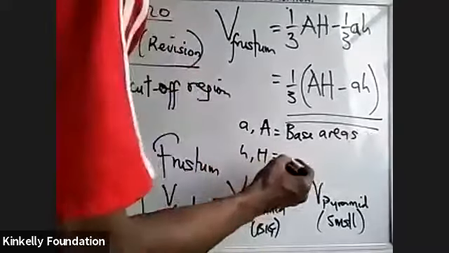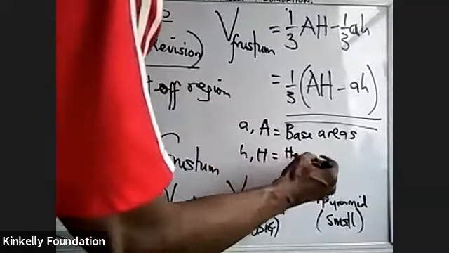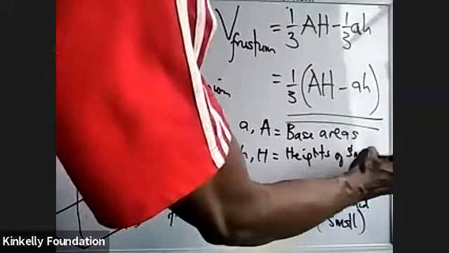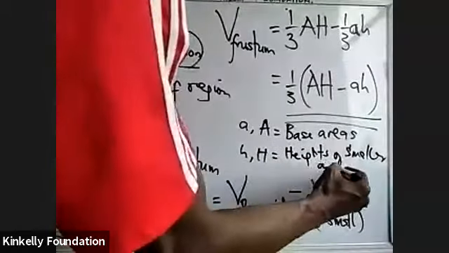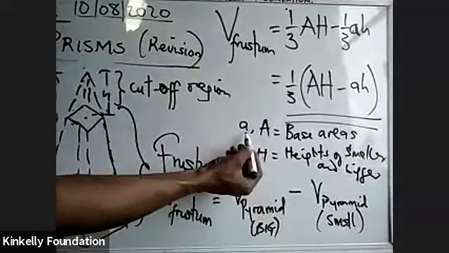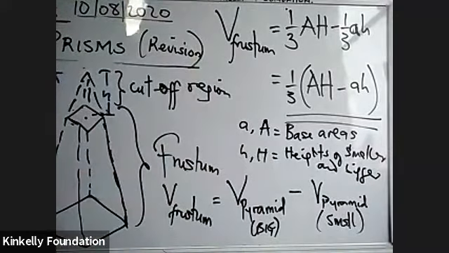H is the height of the bigger one and small h the height of the smaller one. So take note of these things.